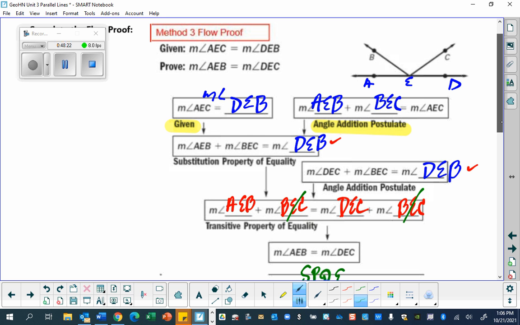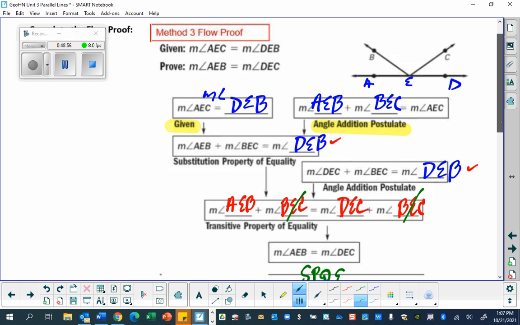So we're going to get to a point where I'm going to ask you to prove using a paragraph proof, prove using a flow proof, prove using a two-column proof, and one of these days I'm going to say prove any way you want. And if you're a flow proof person, you'd be like, I'm doing this one. If you're a paragraph proof person, you'd be like, oh, I think this one's easier. If you're a person that prefers the idea of your two-column, you can stick with that.